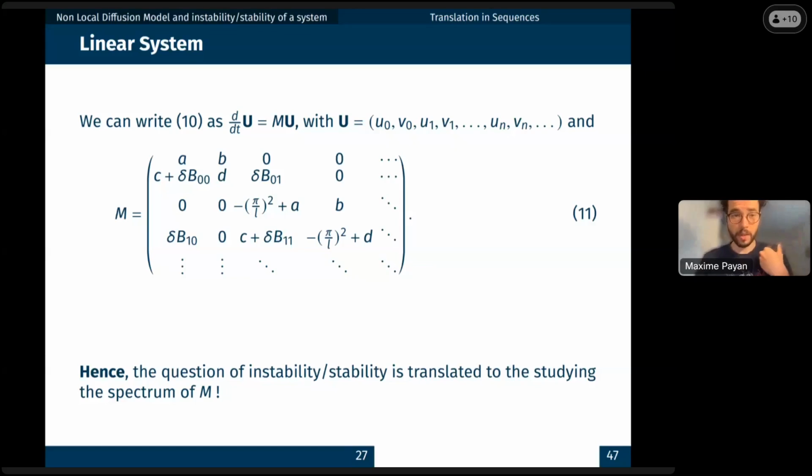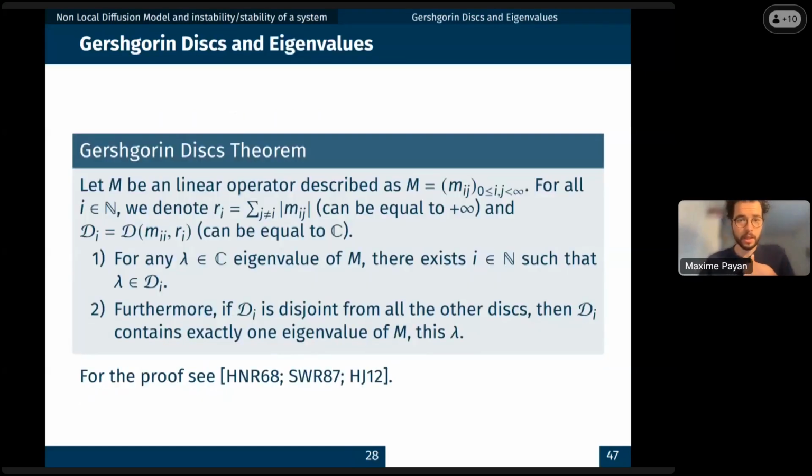The first idea was that there is a big theorem that localizes the spectrum of an operator or a matrix: the Gershgorin disks theorem. When we have an operator written as an infinite matrix, this is important, we can denote the radii, which are the sum of a row except the diagonal term. The disk will have the diagonal term as its center and that radius.